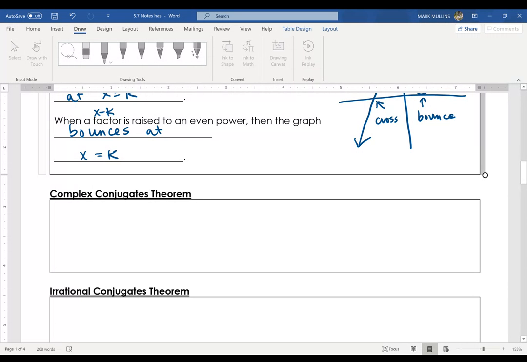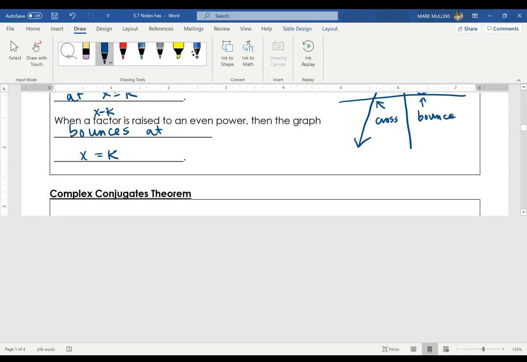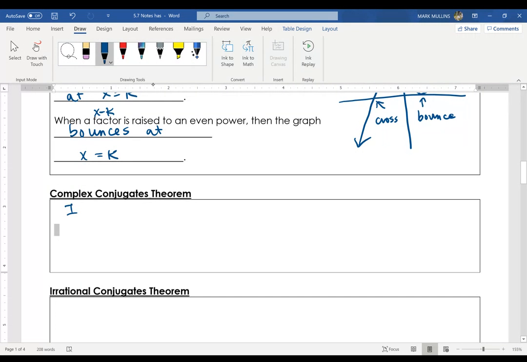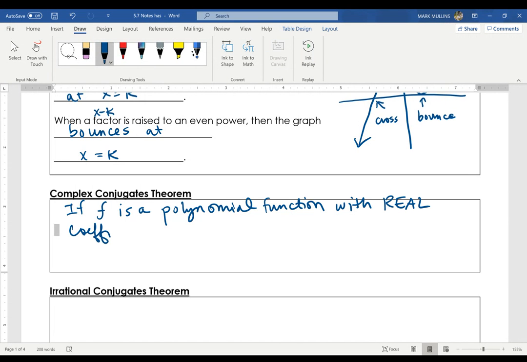Complex conjugates theorem: if f is a polynomial function with real coefficients and a plus bi is an imaginary zero, right?